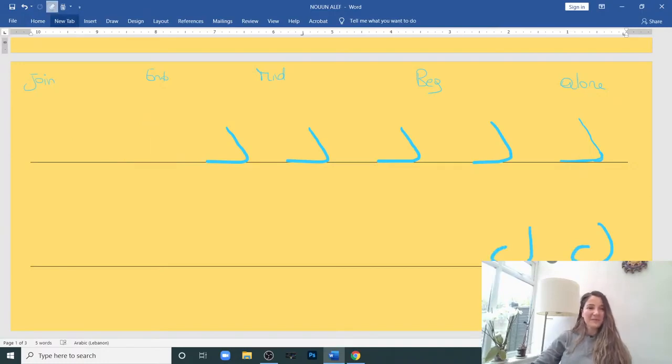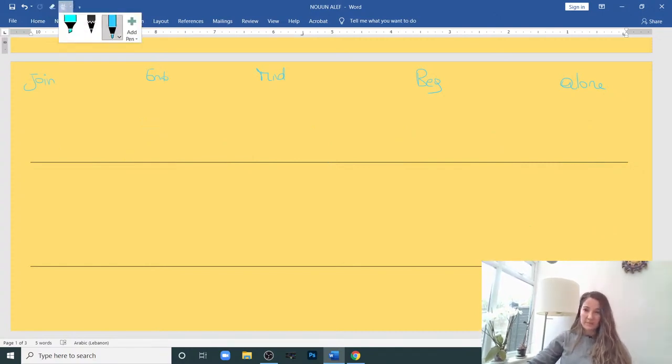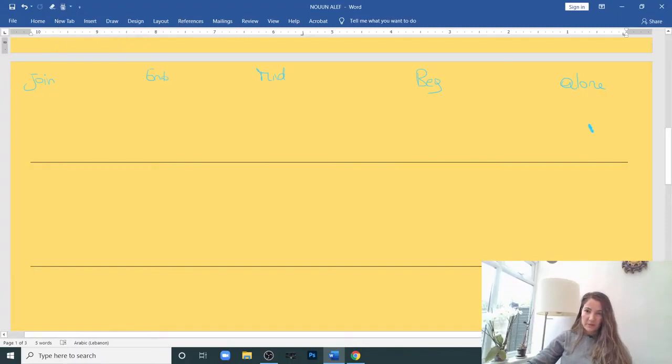Let's repeat a few times so that your hand gets used to it. So again, it's a very sharp line, but then curves here. And you can curl it a little bit here. Again. Okay, again.